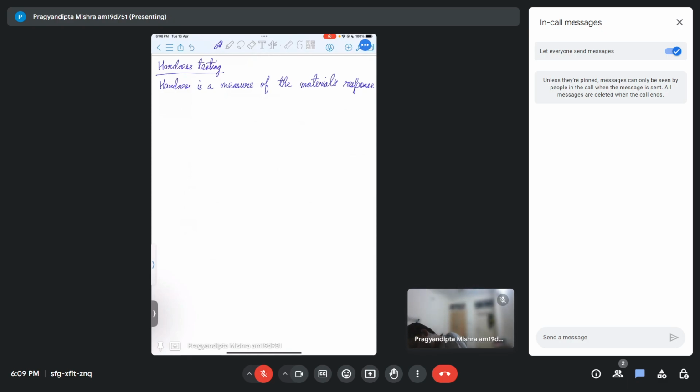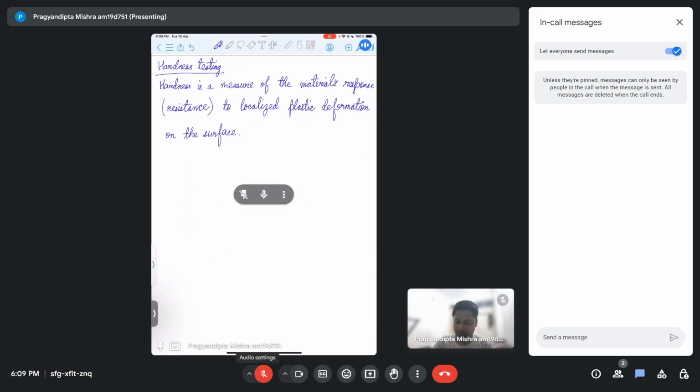So, hardness is a measure of the material response or resistance to localized plastic deformation on the surface. Okay, so this is your hardness.